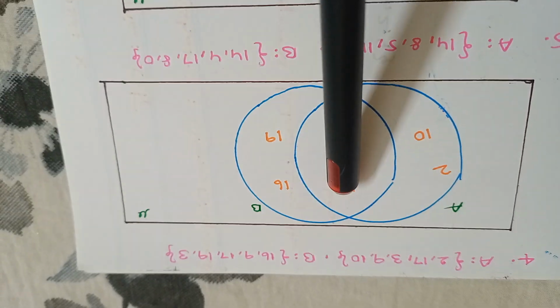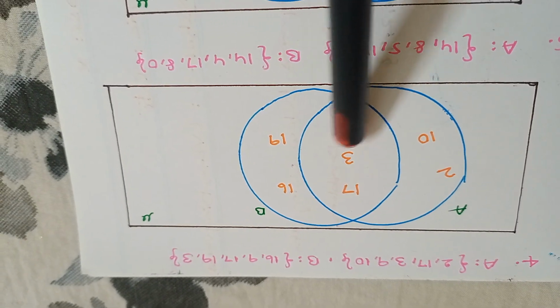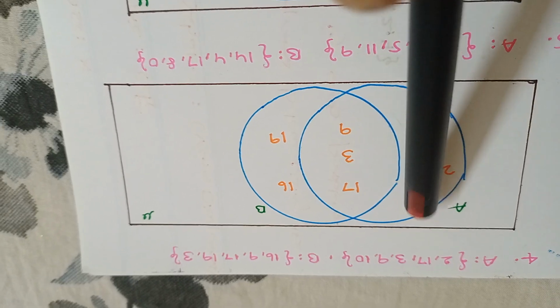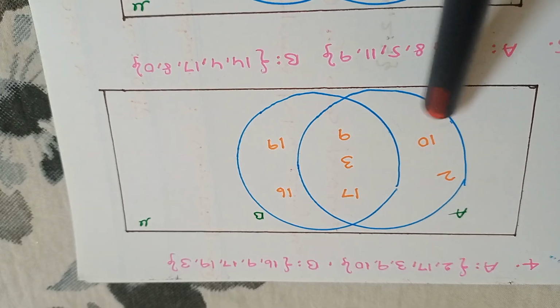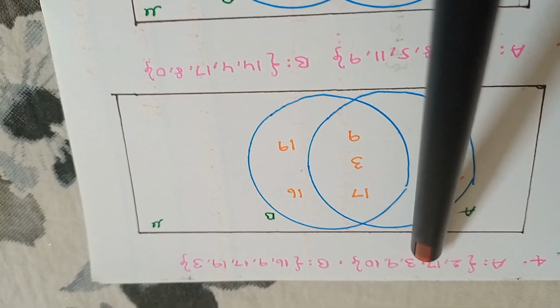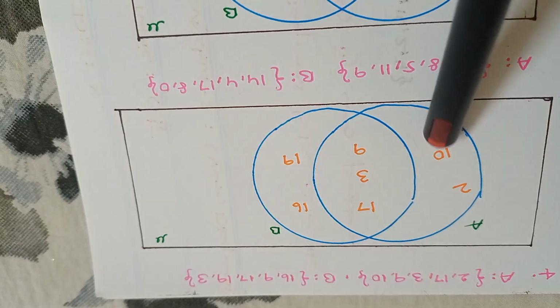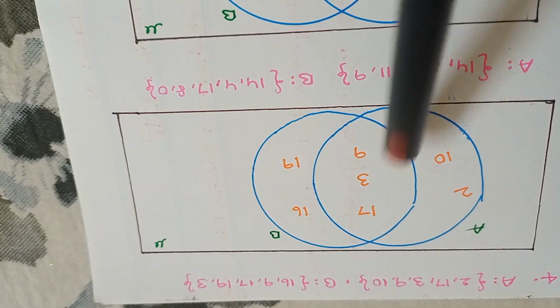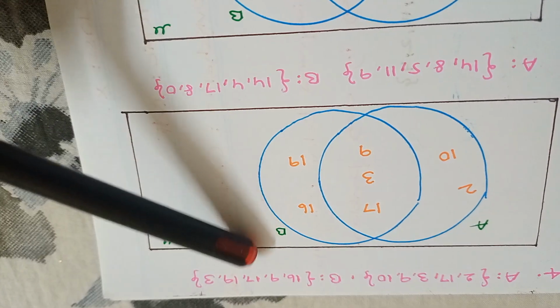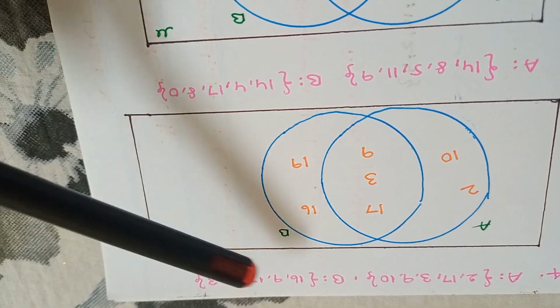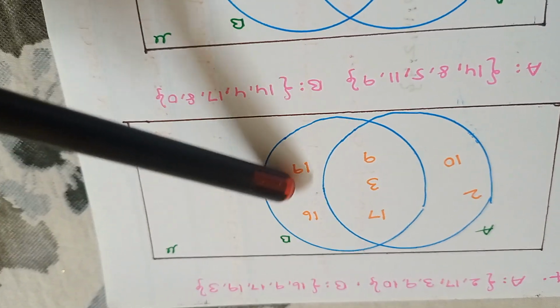The repeated values we write in the middle region. The non-repeated elements, 2 and 10, are left out in set A, so we write those in this part. Other than 17, 3, 9, the elements 16 and 19 are left out in set B, and we write those in this part.